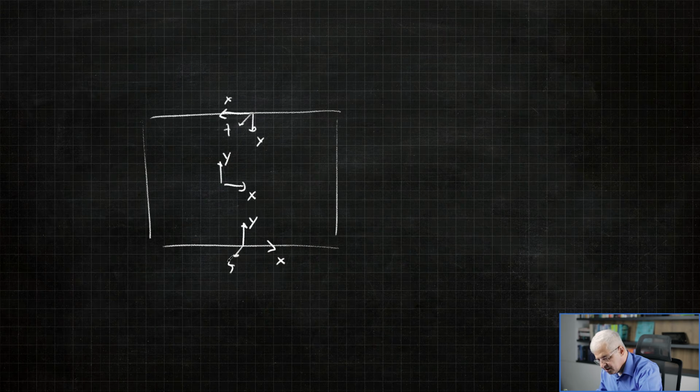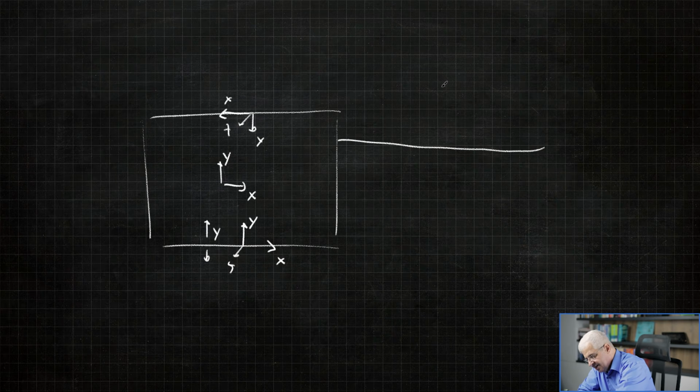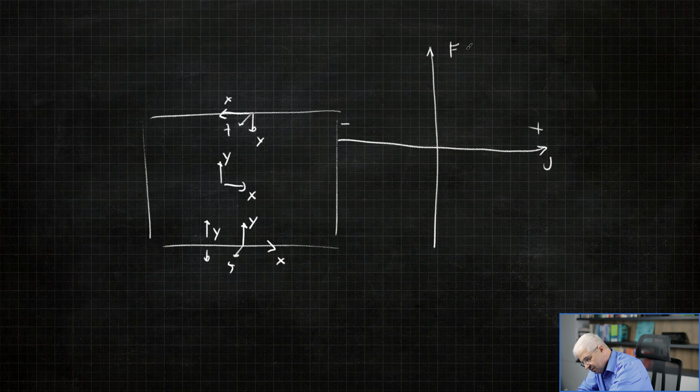So we need to exclude tension in the Y direction. The nonlinear hinge has U plus and minus, and has force, let's say plus and minus.